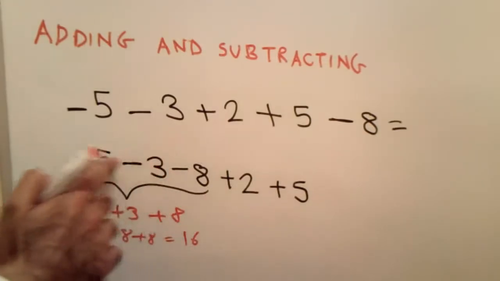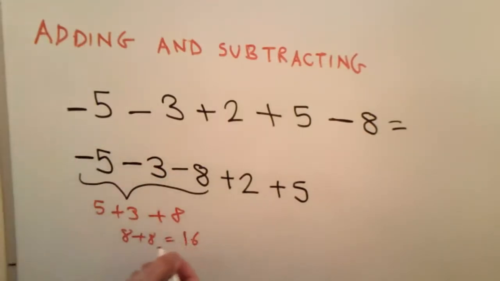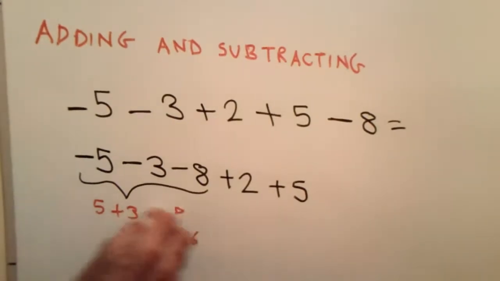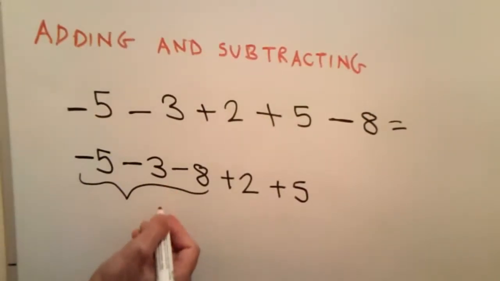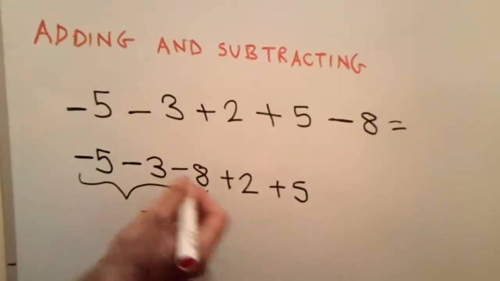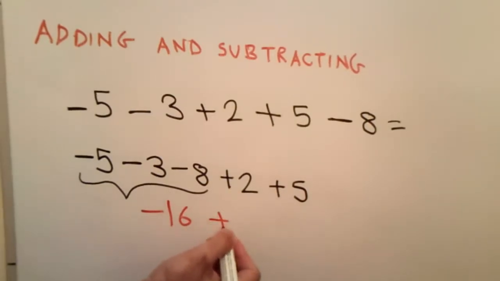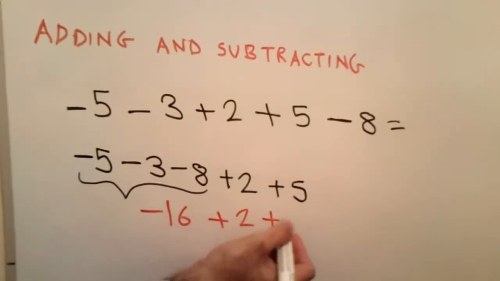And we keep the sign, remember, and the sign is negative. So this evaluates to negative 16. So we've got negative 16 plus 2 plus 5.